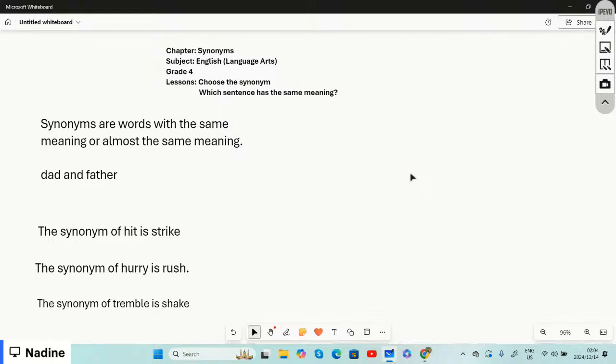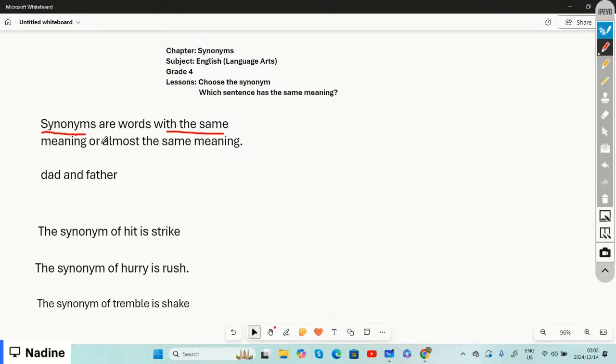All right, so when it comes to synonyms, synonyms are words with the same meaning, or words with almost the same meaning. So you'll have more than one word where the meaning would be the same, or similar, or almost the same.